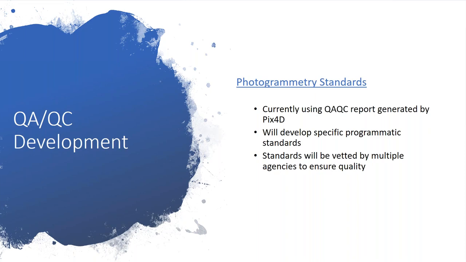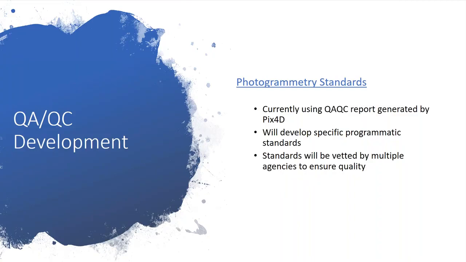We figure if that's good enough for DOT, it should be good enough for us, because they depend on theirs for construction projects and maintenance of all their highways, and they require a very high level of precision and accuracy. So we're going to borrow some stuff from different states, which seem to have borrowed from each other, and we're going to just document those.